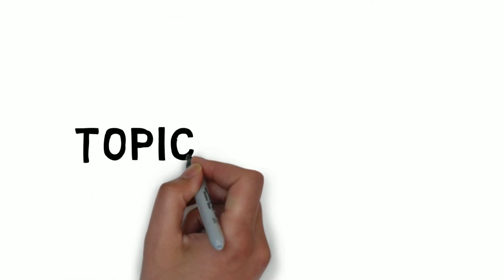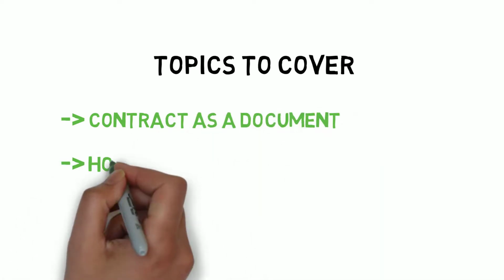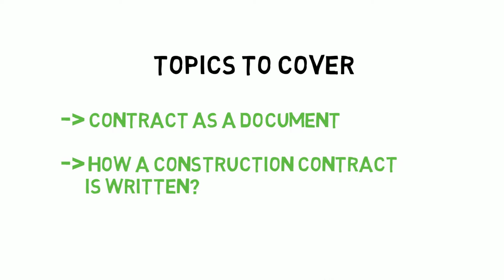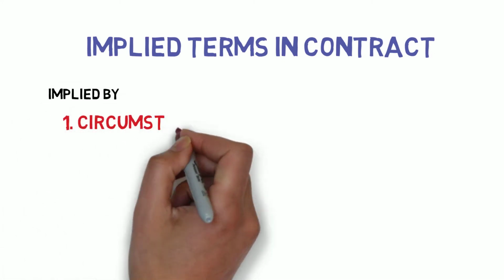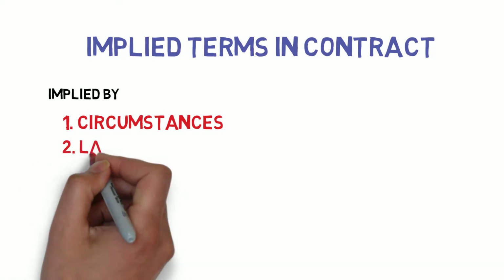The topics which we are going to cover in this video are contract as a document and how a construction contract is usually written. The contract includes two types of implied terms. The first type of implied term is implied from the circumstances, that is, what work is to be done. The second category of the implied term is implied by law.